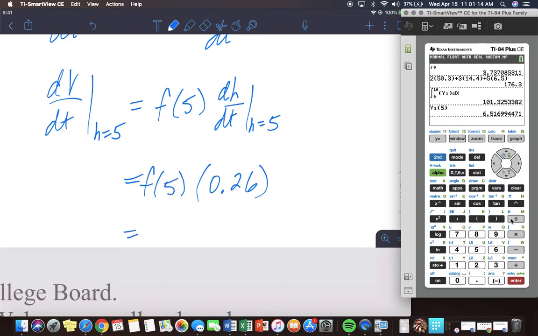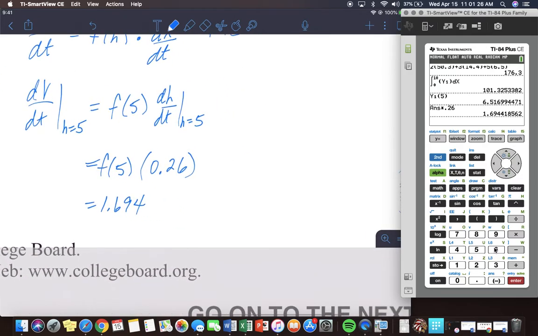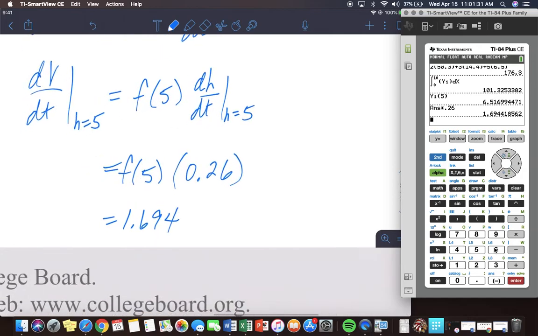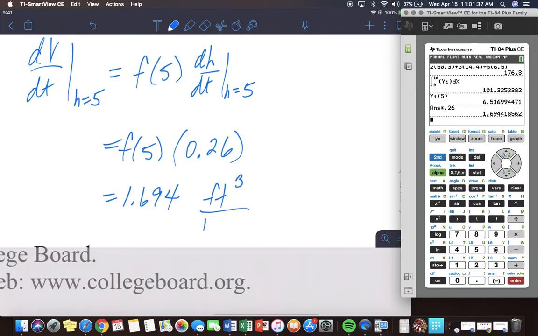I'll take that times 0.26, and get 1.694. But what are my units? Right? The units on this one, because we're talking about volume, would be feet cubed. And the time in this problem is all measured in minutes. So the answer here would be 1.694 cubic feet per minute.